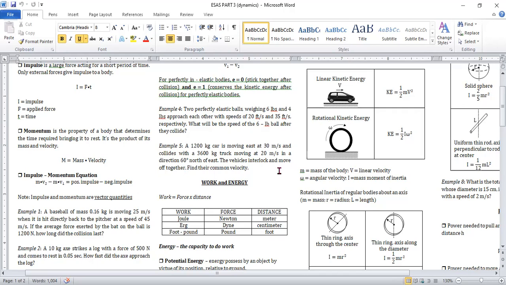So our approach for this problem would be that for inelastic bodies, because the two stuck together when they collide. So that is for number 5.